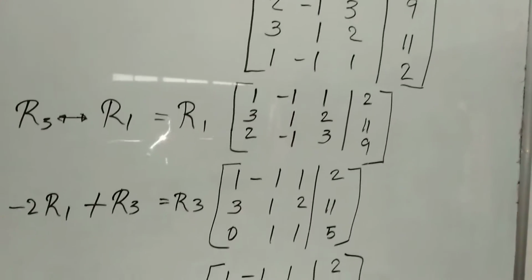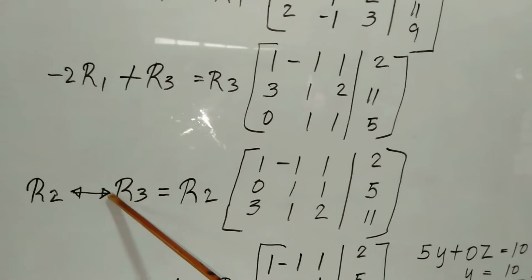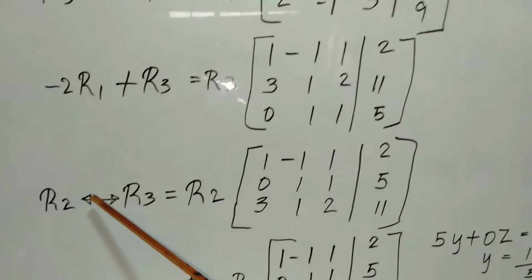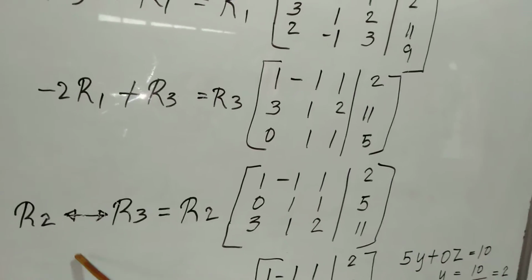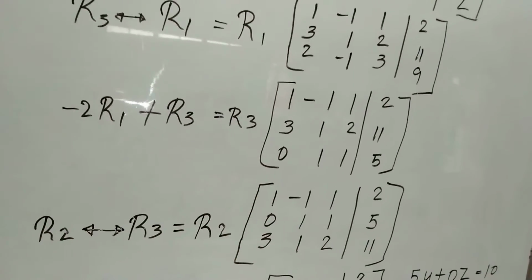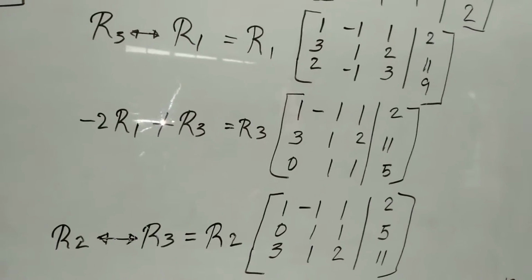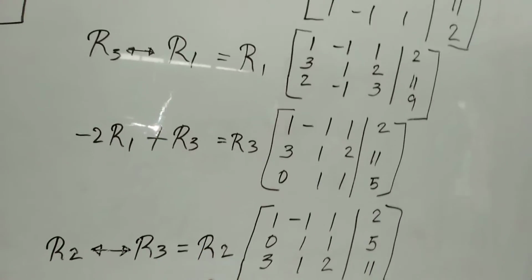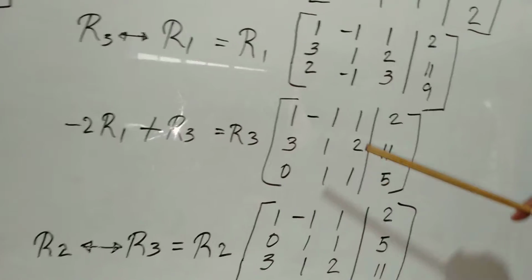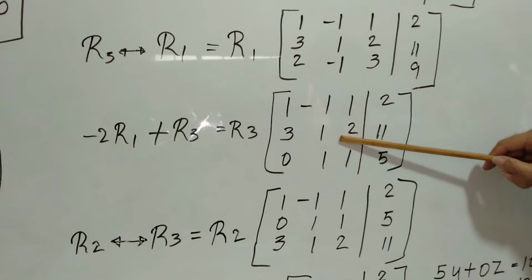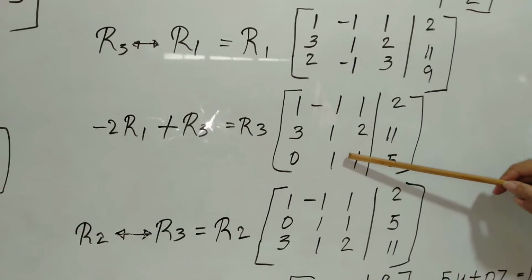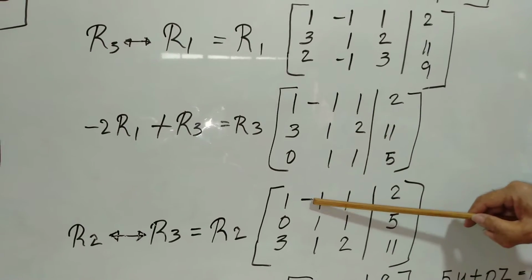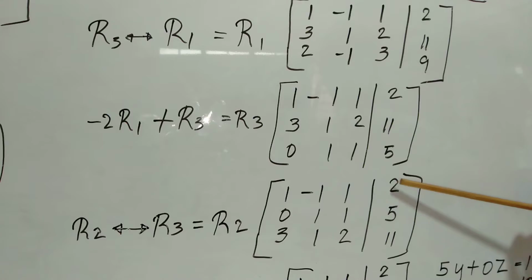So next step, we just replace, we just put row 2 in place of row 3. So we have here 1, negative 1, 1, and 2.